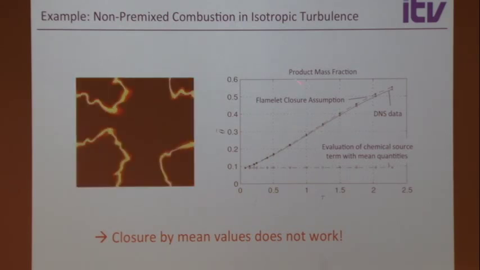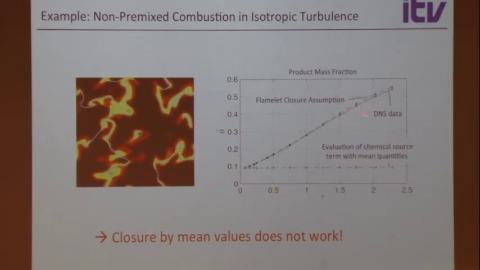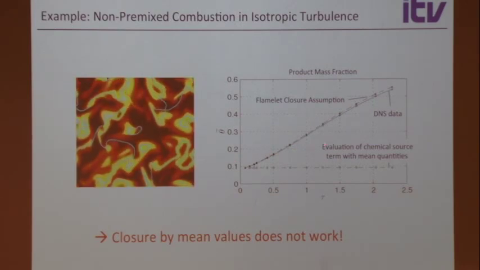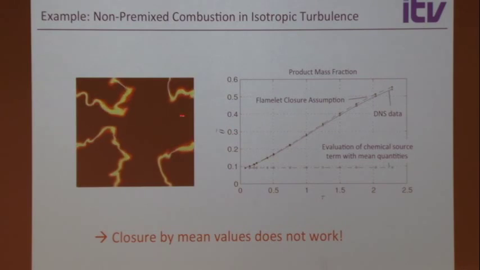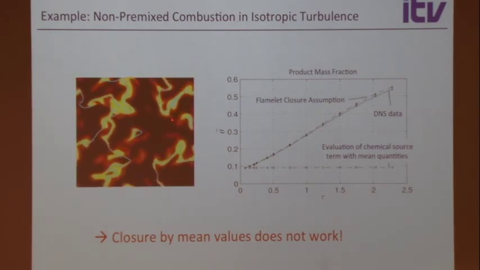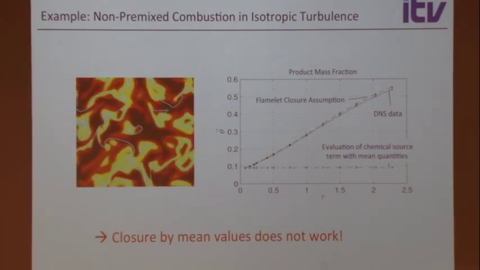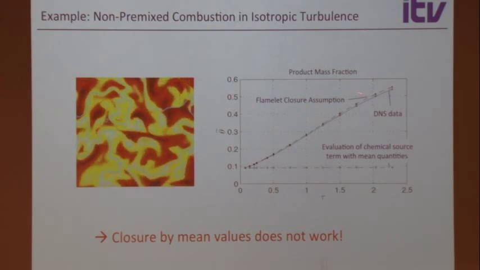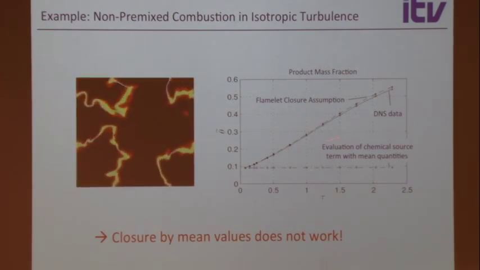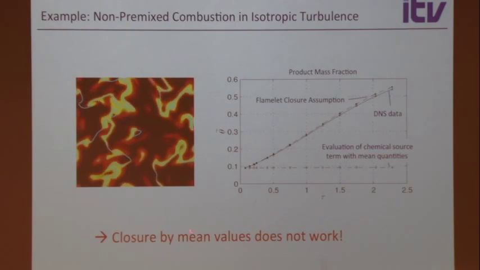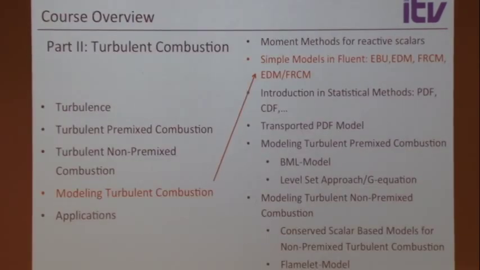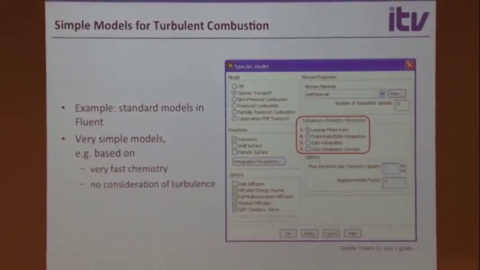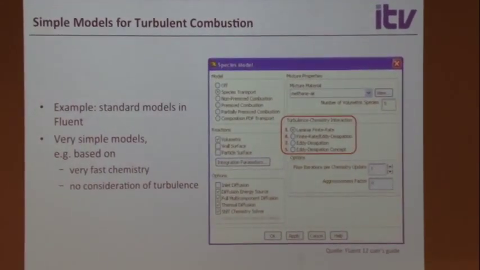And if I use a simple flamelet model to close this, which is something we'll talk about later, then you see it's actually quite accurate, even though it turns out there's some local extinction in this box, which shouldn't be described correctly with this model, but the model is not so bad. Okay? So closure by mean values just doesn't work. It's not good.